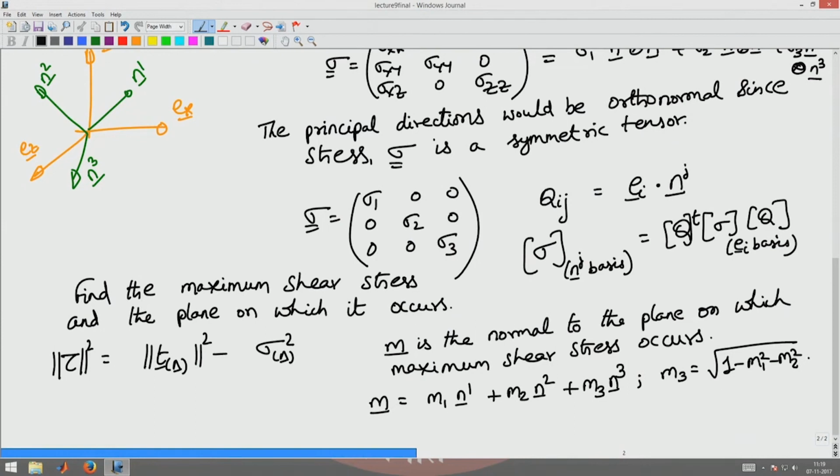Now then you can find the shear stress acting on that plane.